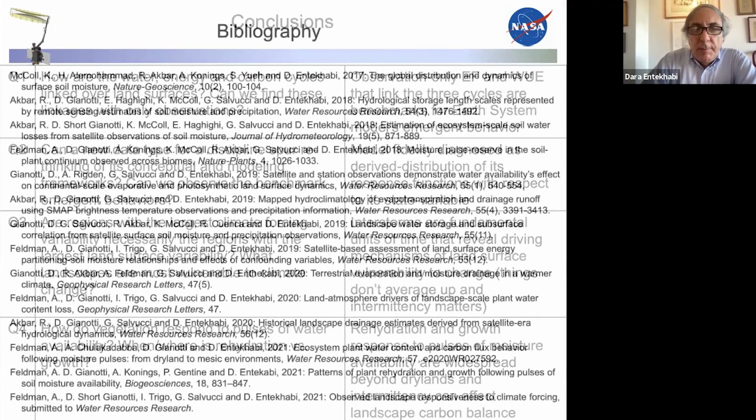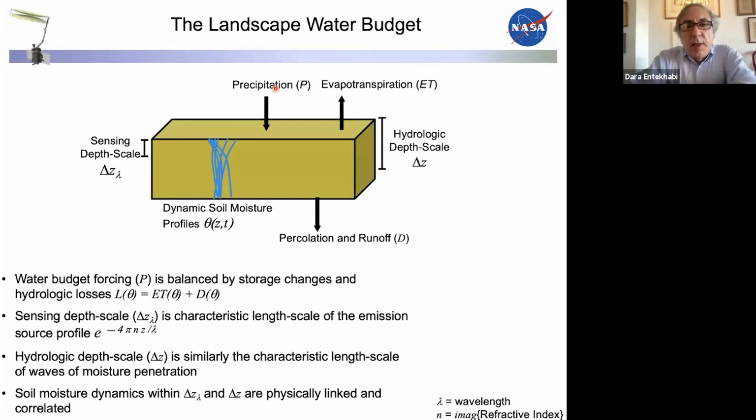This issue is in my backup slides, because it always comes up: are you just seeing this top 5 centimeters or are you seeing more? Do you need to go to a data assimilation product which introduces a model, which a lot of times we try to avoid depending on the use case? This sensing depth is a characteristic length scale of emission, and the radiative transfer relationships for that are well known.